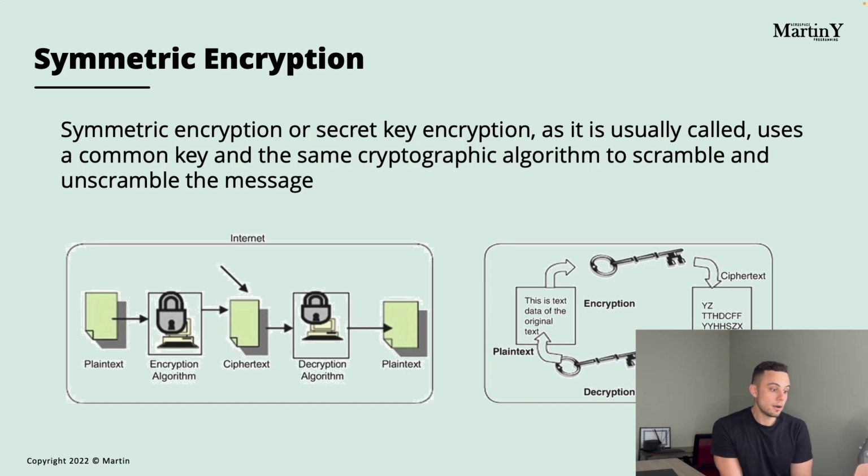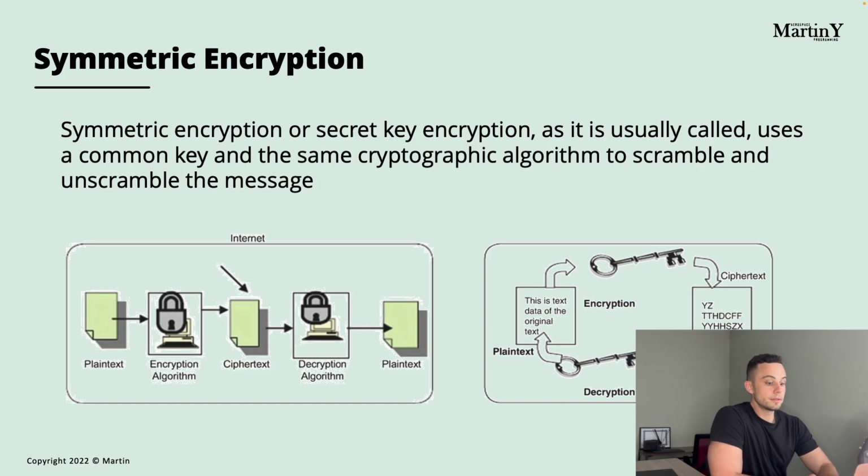While in public-private key encryption, the sender and the receiver both have two keys. The sender has a public and private key, and the receiver also has a public and private key. Later on, I will talk a little bit more about public key encryption. But first, let's talk about the symmetric, because it is the simpler one.